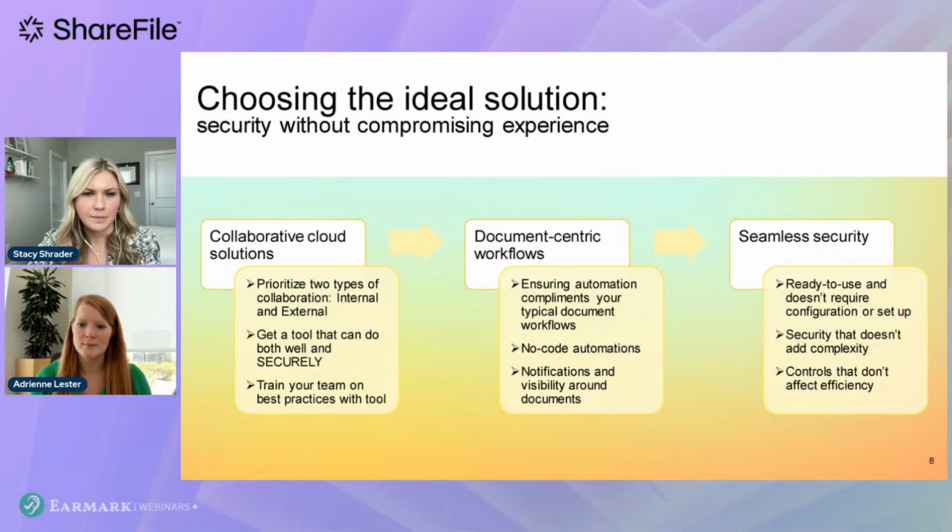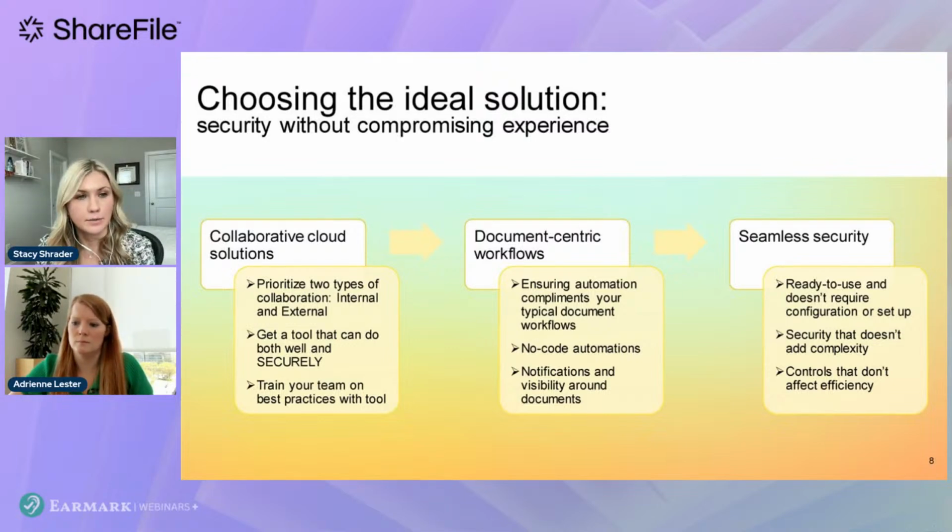All of these, I think, are really important to bring to the table as you're making a decision. Yeah, and I think another component to that, the layer on top, really is thinking about document-centric workflows. Many of you are dealing with so many different files a day. So thinking about how am I going to make this more efficient while securing at the same time, in a way that already fits my processes, is really crucial. And looking for that document centricity is very important, especially when it comes to automation.